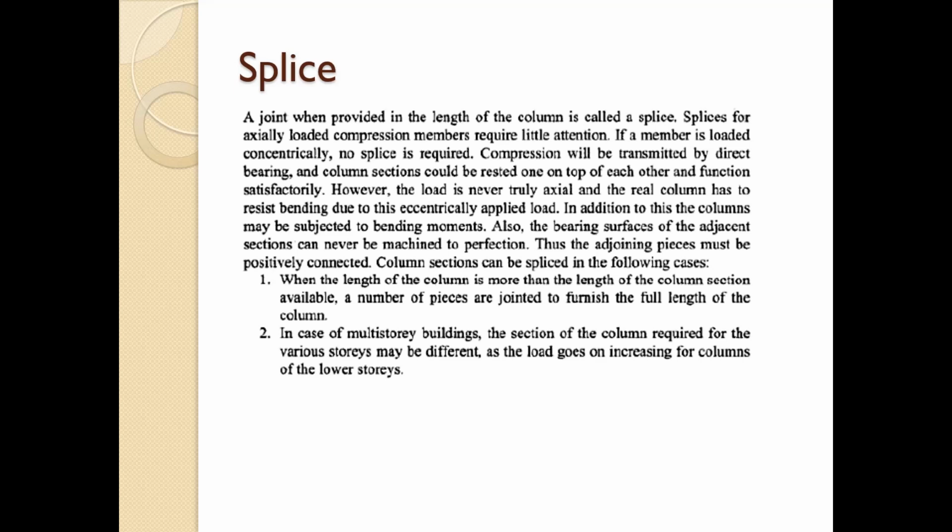The compression will be transmitted by direct bearing, and the column sections could rest one on top of each other and function satisfactorily because they are under compressive load. However, the load is never truly axial, and the real column has to resist bending due to its eccentrically applied load. In addition, the column may be subjected to a bending moment.